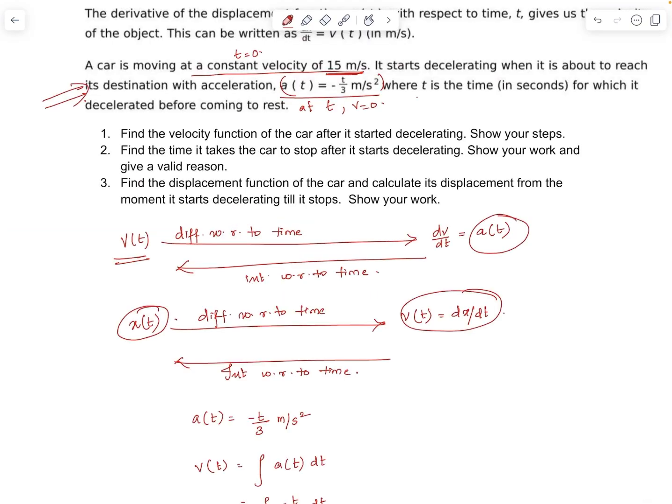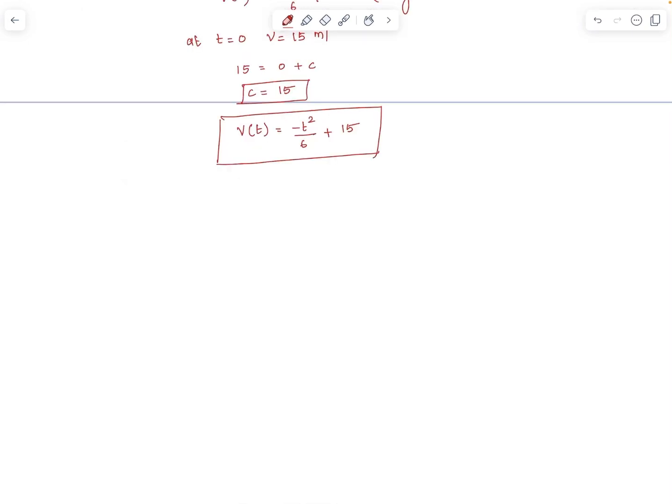Question 2, find the time it takes the car to stop after it starts decelerating. We have to figure out how much time it has taken for the car to come to a stop. That is, the final velocity is 0. So let's put v equal to 0 in this particular solution.